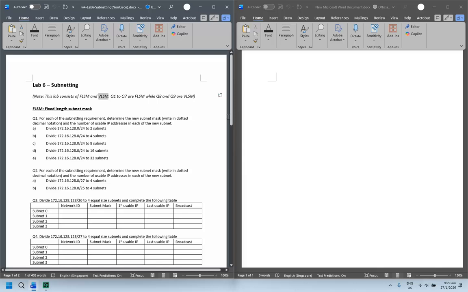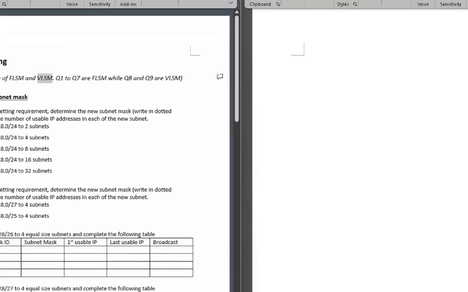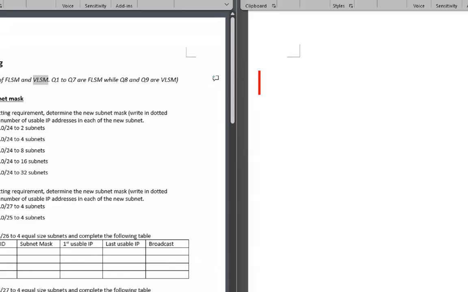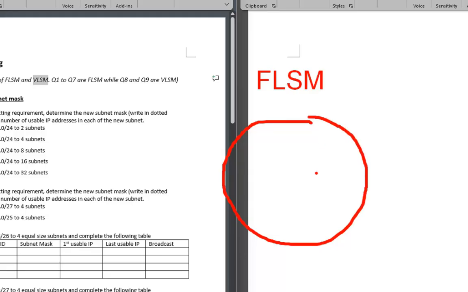The difference between fixed length subnet mask and variable length subnet mask: for fixed length subnet mask, if you are given a group of addresses, you split them equally.